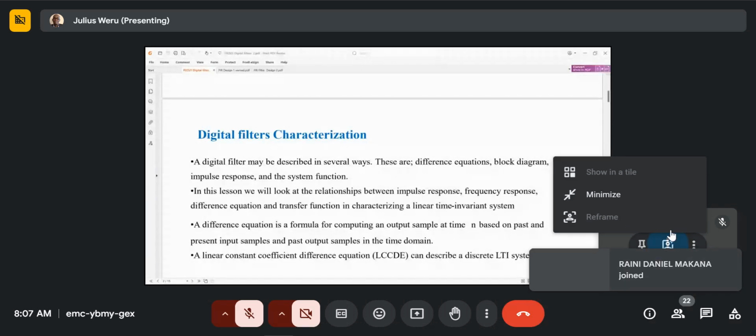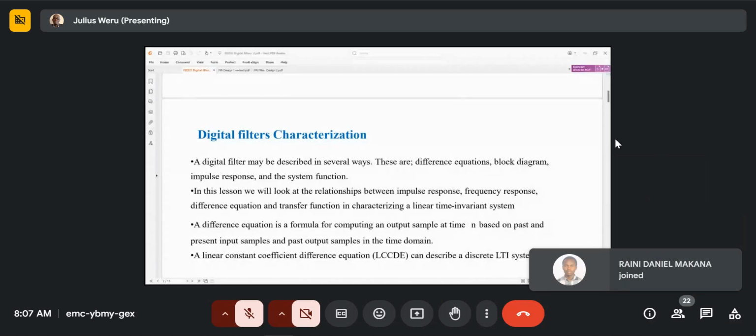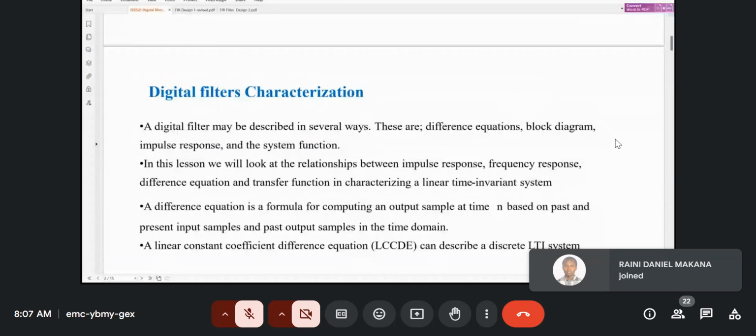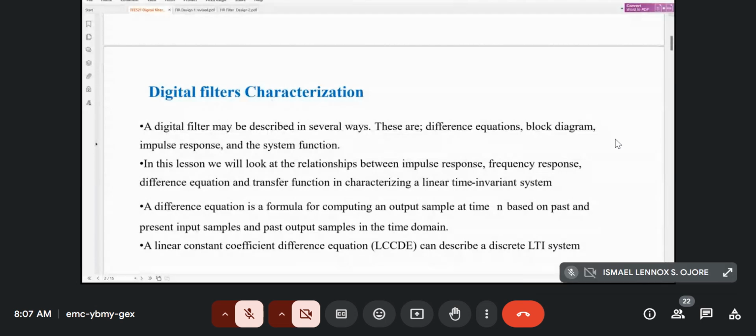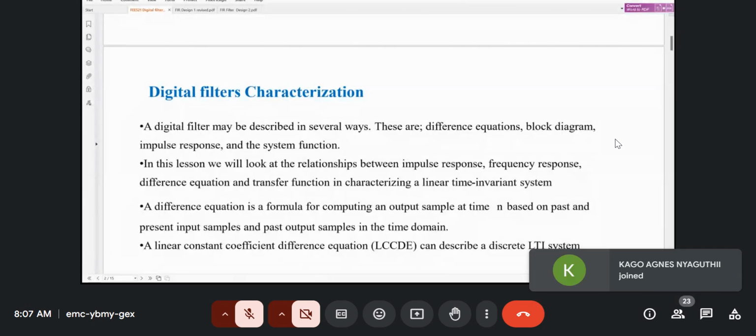Today I want us to progress on digital filters. We are going to look at digital filter characterization.